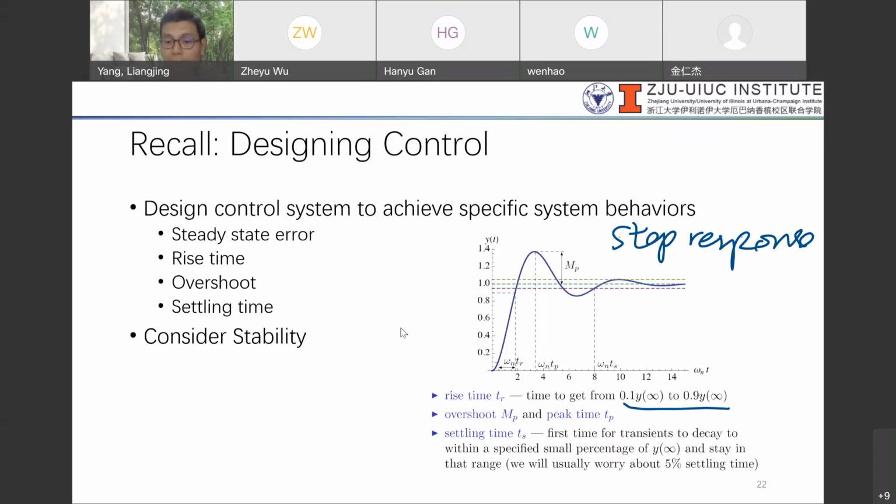This is the steady state. And then overshoot measures this thing here.